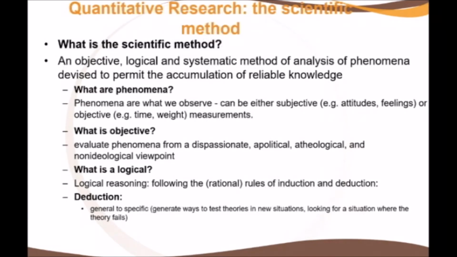And this is what mainly those who are involved in qualitative research do. They test theories in new situations. While induction is mainly the approach we use in quantitative research.